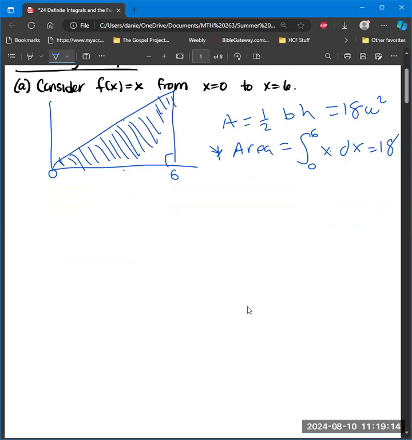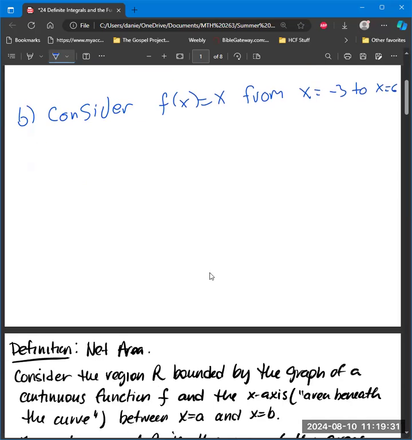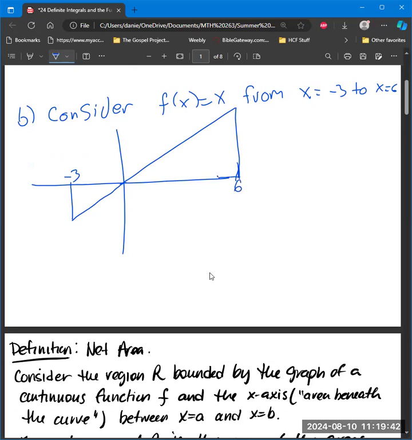So B here, let's consider now f of x equals x from x equals -3 to x equals 6. We're going to actually have to see two triangles here. So -3 and +6.